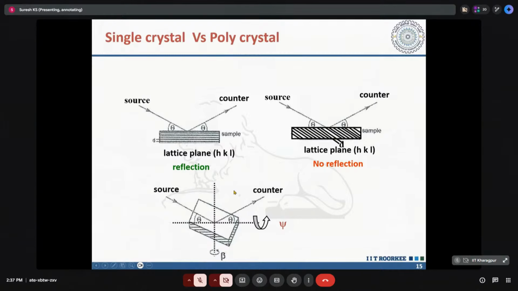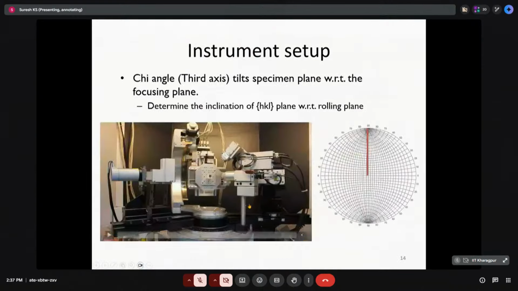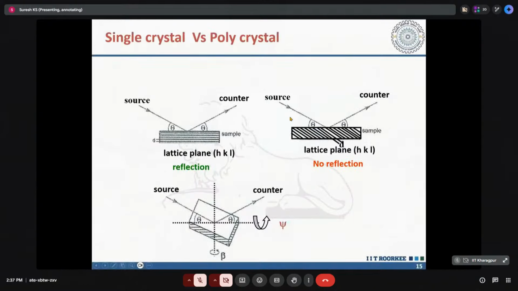This tilting helps us bring all sorts of 111 planes from 0 degree tilt to 70 or 75 degree tilt angle into the diffraction condition. So this is the job for the chi tilt.